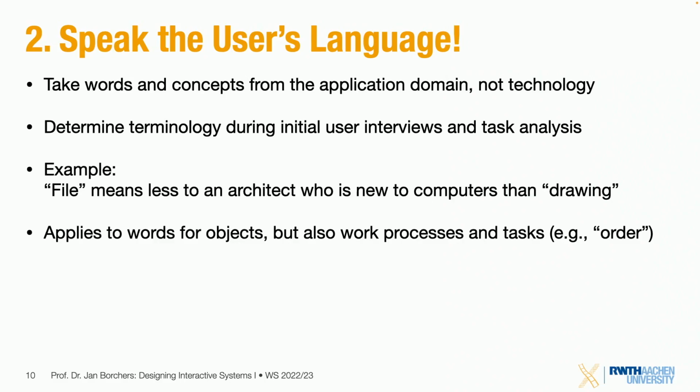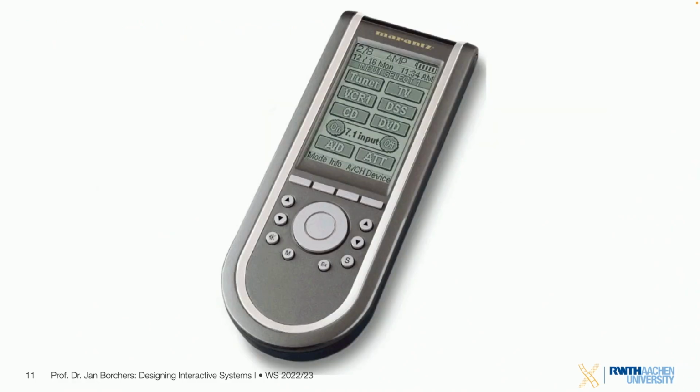So speaking the user's language, here's an example that I found that I thought was just hilarious. It's a remote for a pretty expensive stereo system, and looking at this, I wonder, right? So I understand what the touch buttons like tuner, TV up there do. VCR, I understand. DSS, I'm less sure.